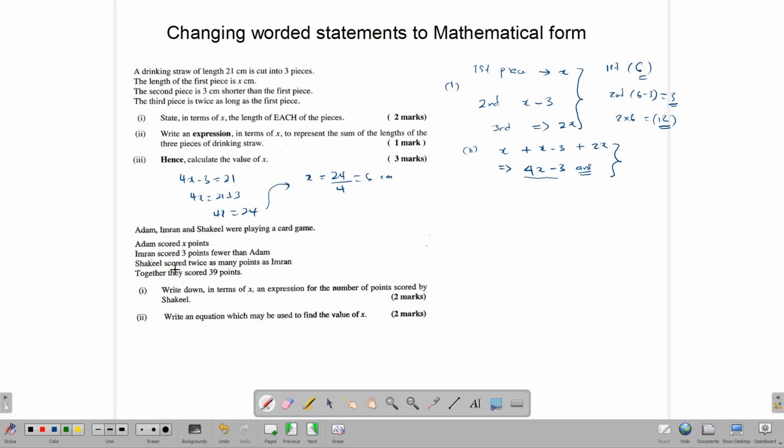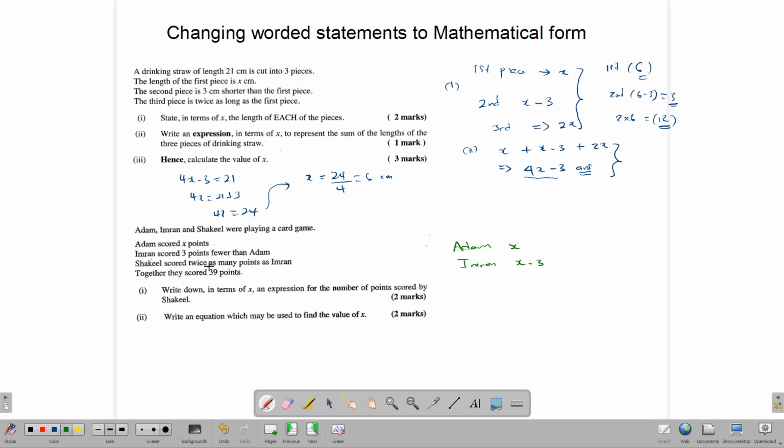We are told that Shakil scored twice as many as Imran. But how many did Imran score? So Adam has x. Imran had 3 points fewer, which means Imran had x minus 3, whatever the number of points is.